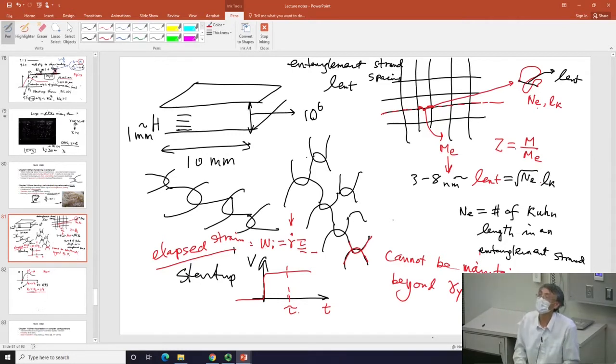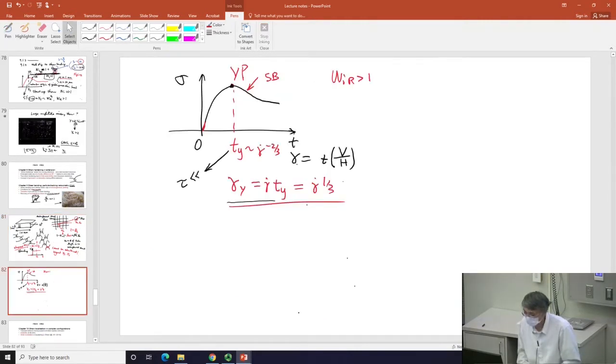In other words, I propose that the reason you have this overshoot here is because this thing cannot be maintained.